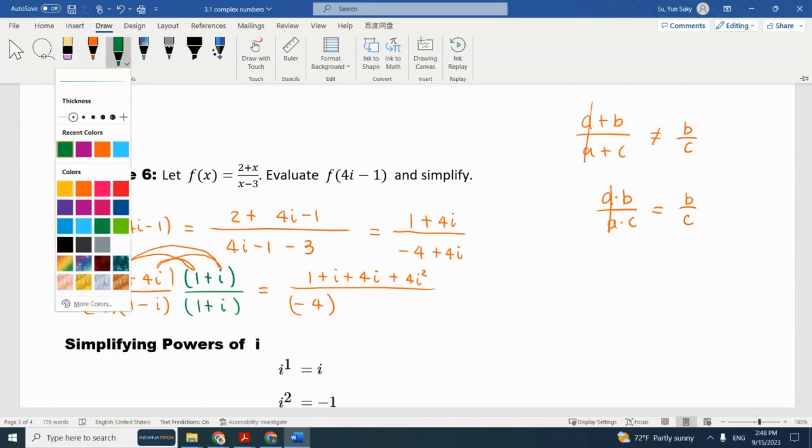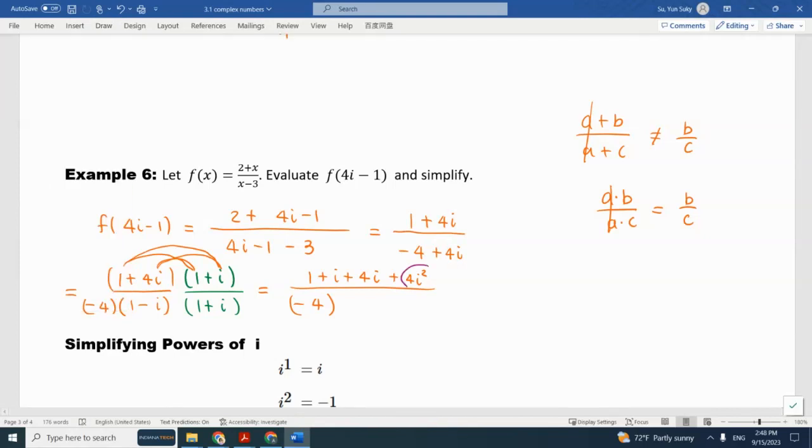What is 4i squared? This is negative 4. Is that okay, everybody? I'm doing this because I'm lazy. I don't need to write the whole thing again. But if you don't mind writing the whole thing again, feel free to do one more step, if that's clearer to you.